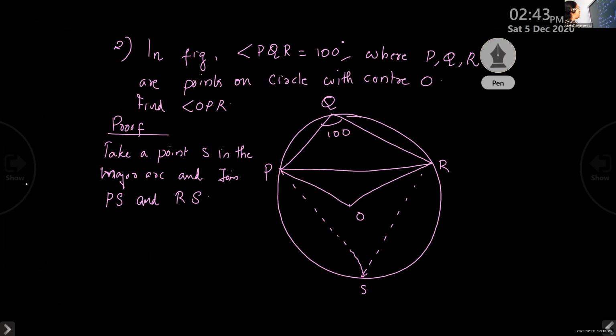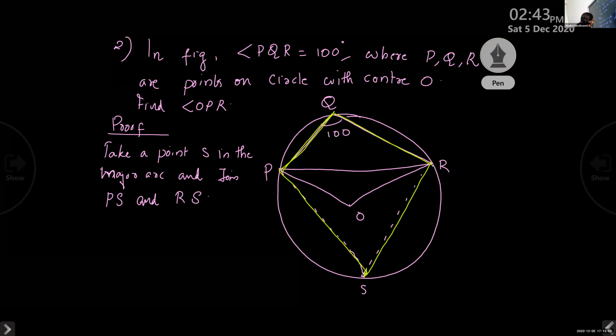So children, after joining that PS and RS, you will get a quadrilateral like this. And what type of quadrilateral is it? Srihari, what type of quadrilateral? Ma'am, cyclic.